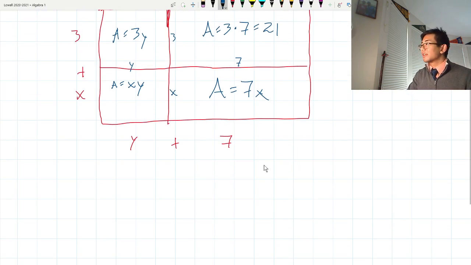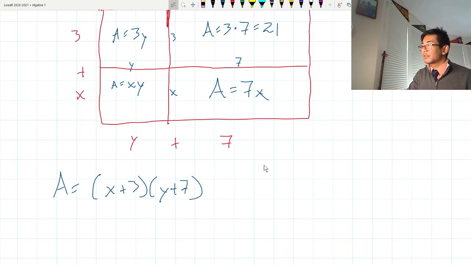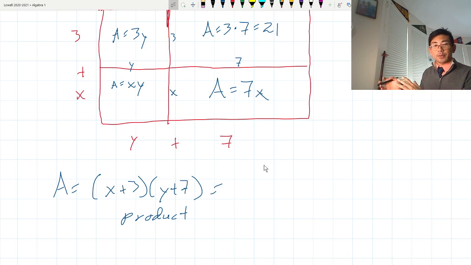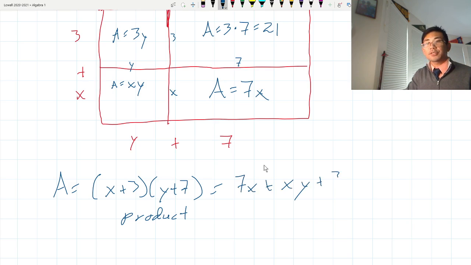Let me put this down here. The area as a product is x plus 3 times y plus 7. But as a sum, I can just add up these 4 areas. So my area is 7x plus xy plus 3y plus 21, and this is a sum.